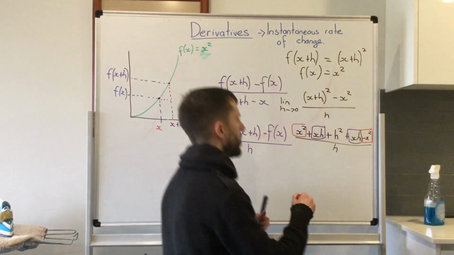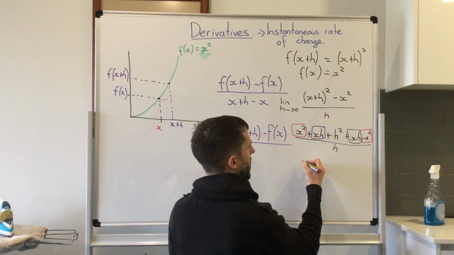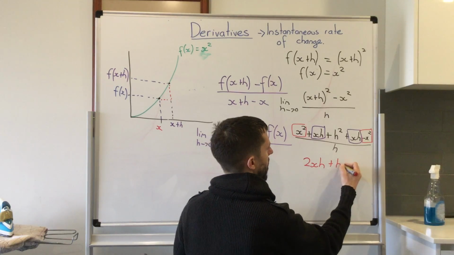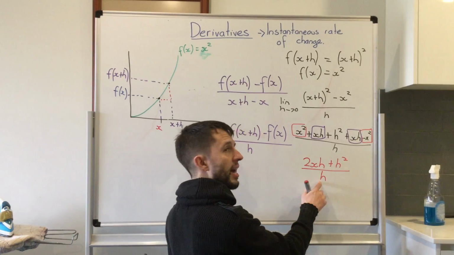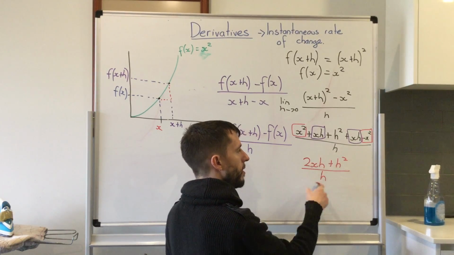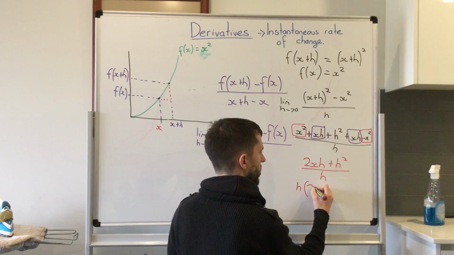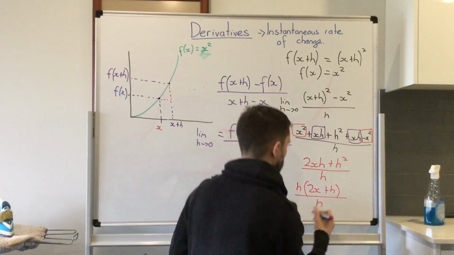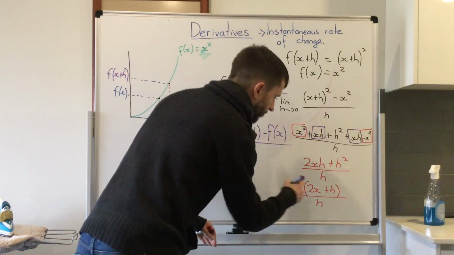So x squared minus x squared is nothing. xh plus xh is 2xh plus h squared over h. I can cancel that h out in a minute because there's a common factor of h up the top. So h in brackets, 2x plus h, divided by h.